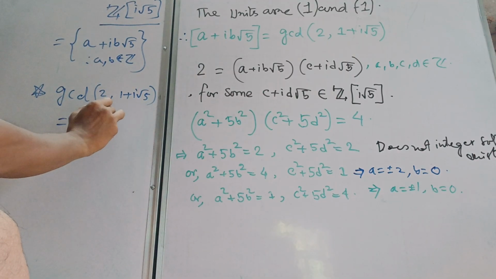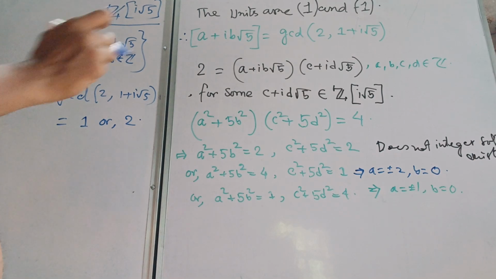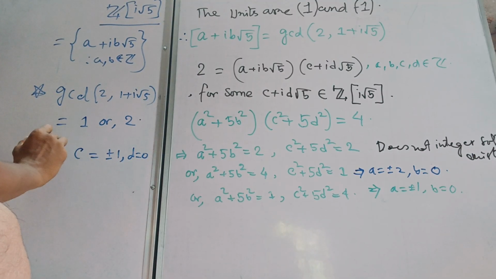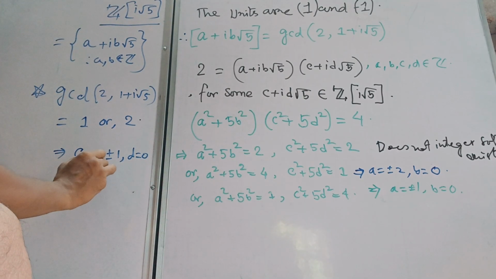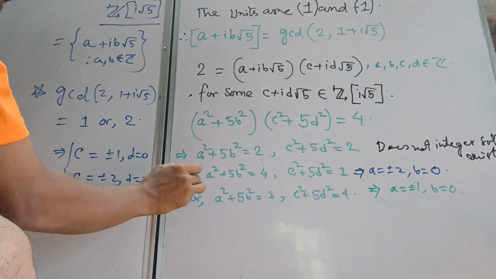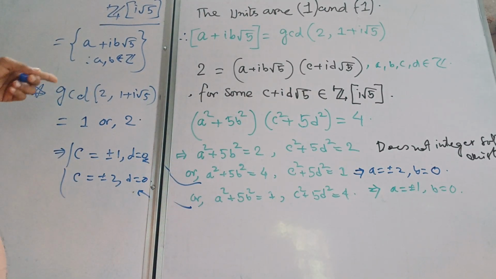For these options, we obtain GCD of 2 and 1 plus i root 5 equal to 1 or 2.